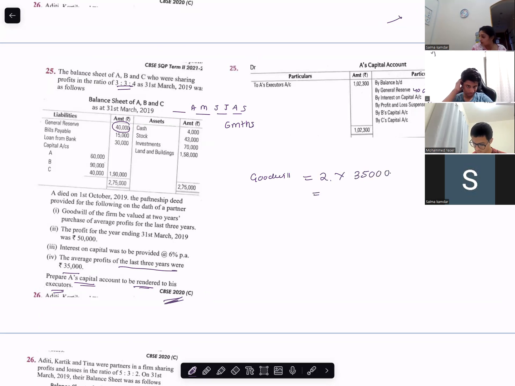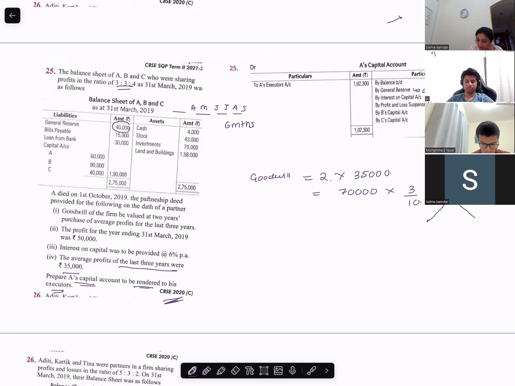So it is coming up to 70,000. And his share of goodwill would be 3/10. So 70,000 divided by 10 into 3. So his share of goodwill is 21,000. Are you with me?